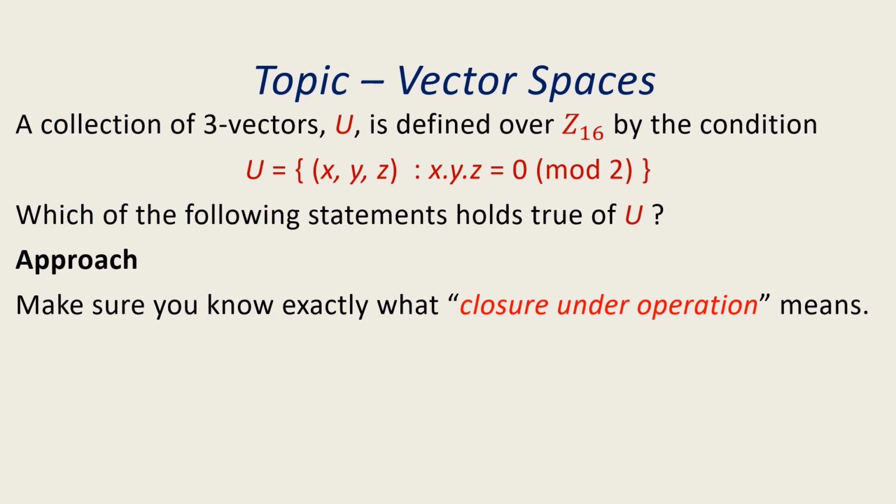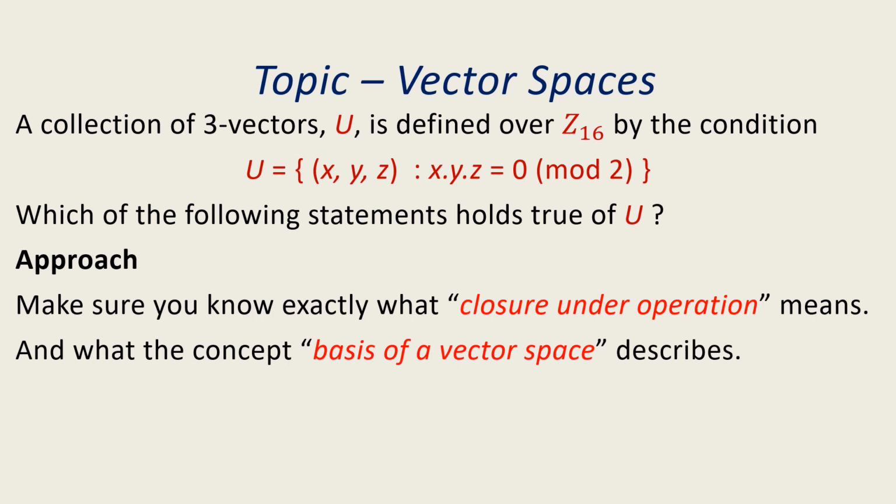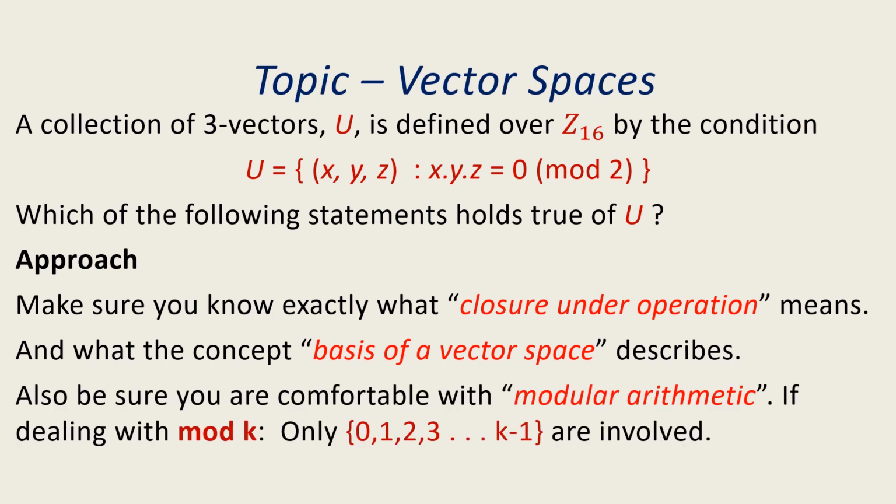Similarly with scalar multiplication. We take any of the underlying scalar constants from which the set is defined. We multiply any vector in the set by that constant, and the result is still a vector in that set. So make sure you know what closure means. Make sure you know what the concept basis of a vector space means.